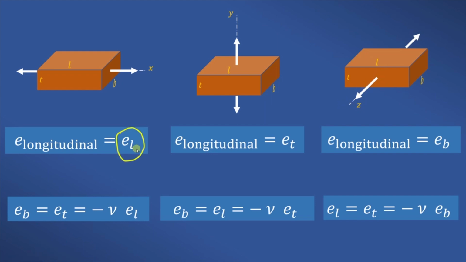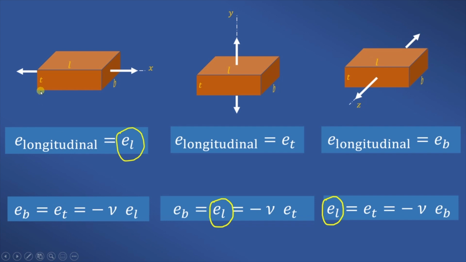Strain in length because of load along x-axis, strain in length because of load along y-axis, and strain in length because of load along z-axis. If you add these three strains, you will get actual strain in length because of these loads along three axes, because of this triaxial loading.